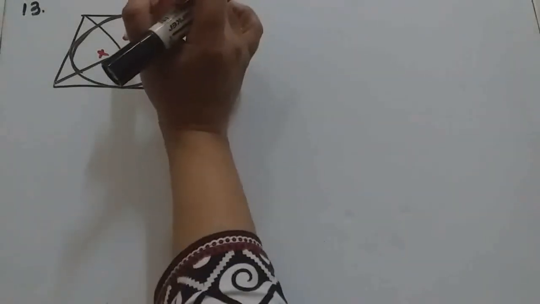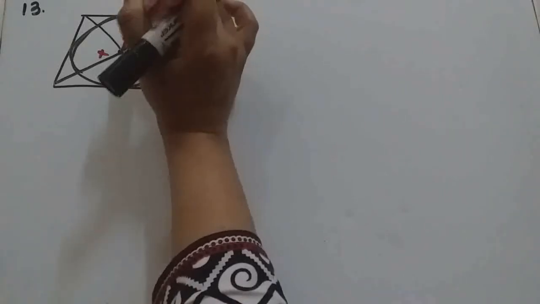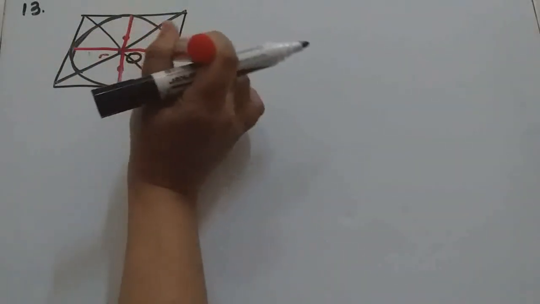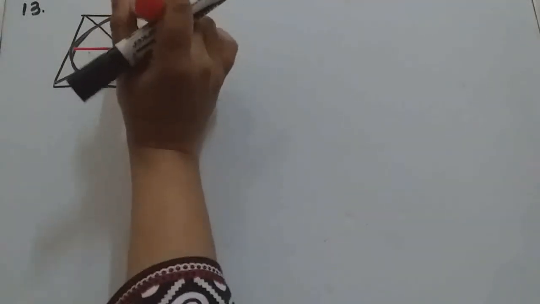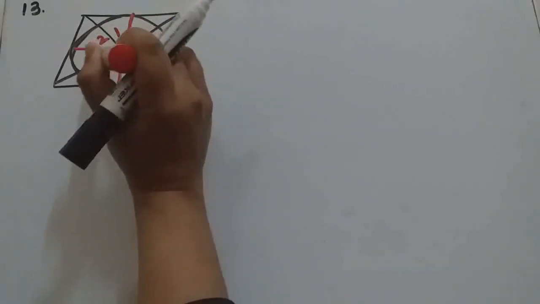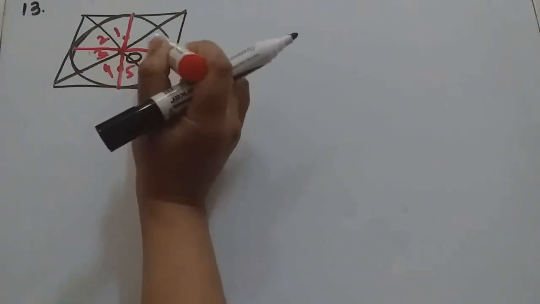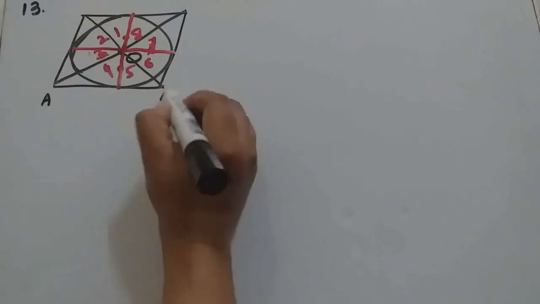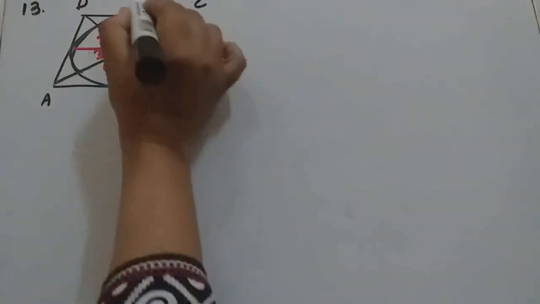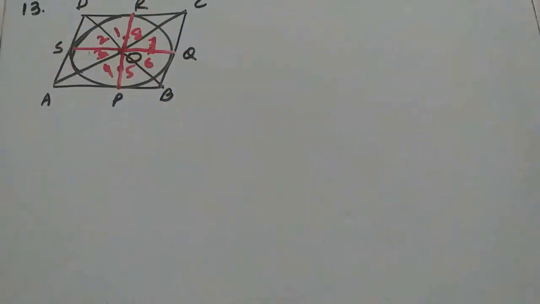Okay, so what we will do here, we will join these points also, the points of contact, with the center. And we will name these as 1, 2, 3, 4, 5, 6. Total 8 angles we made here. Okay, now let ABCD be the quadrilateral and PQRS be the points of contact.